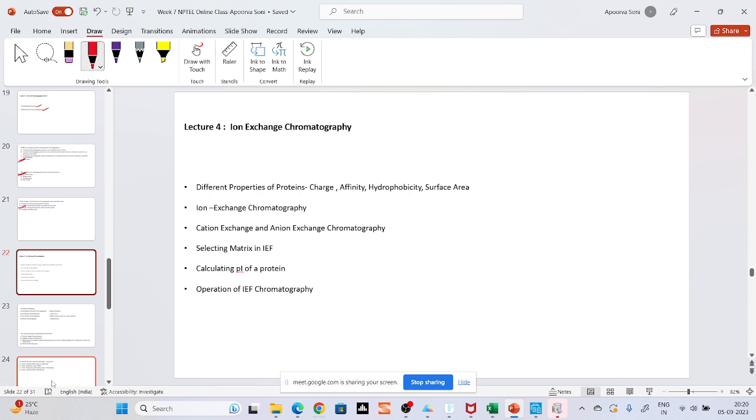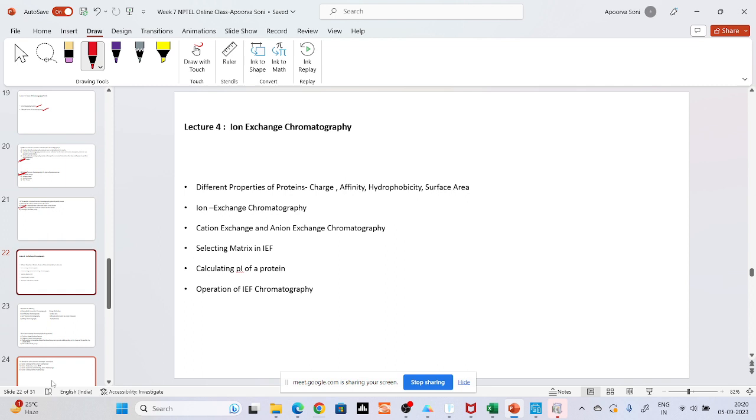Then we'll come to lecture 4, which is ion exchange chromatography. We have studied partition chromatography and adsorption chromatography. In partition chromatography, the stationary phase is also a liquid, and the separation occurs because the mixture of analytes gets separated between the two phases.